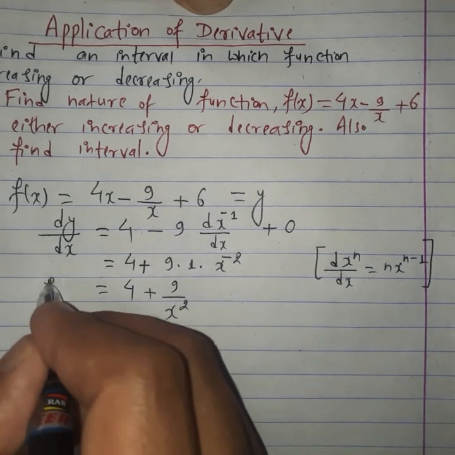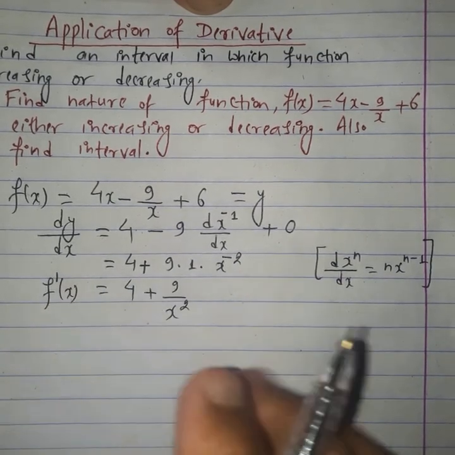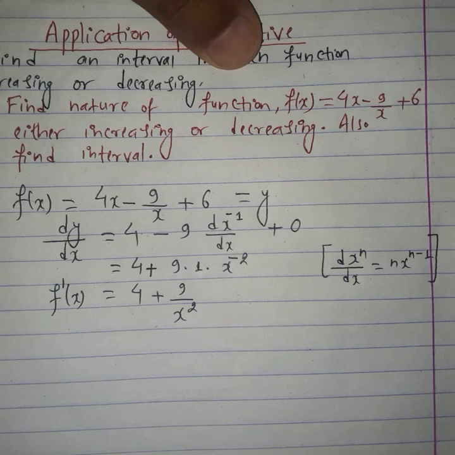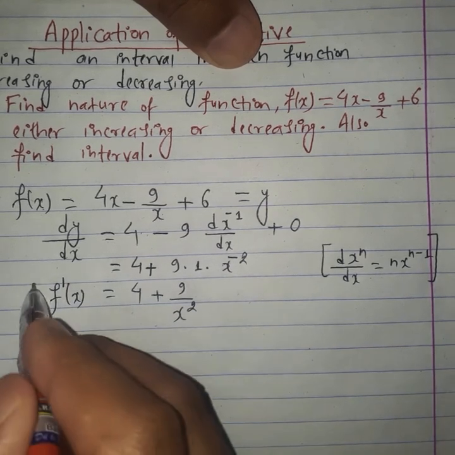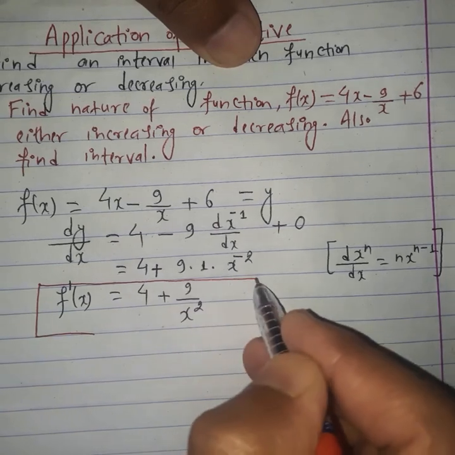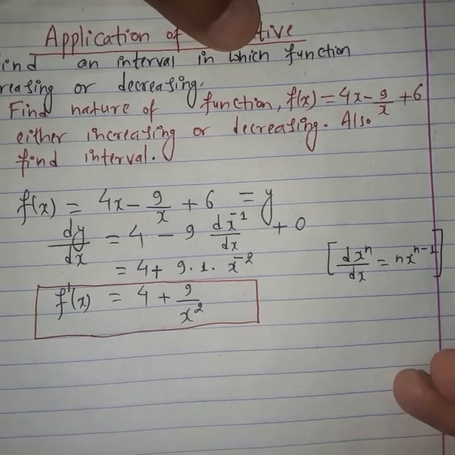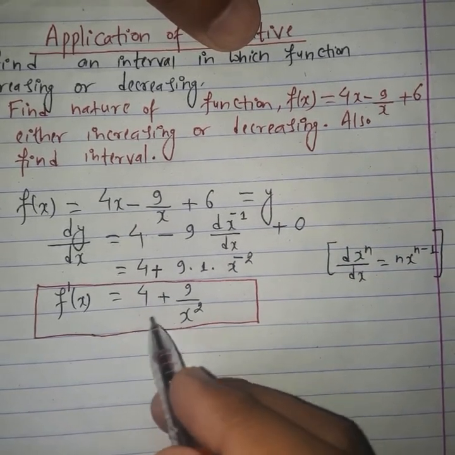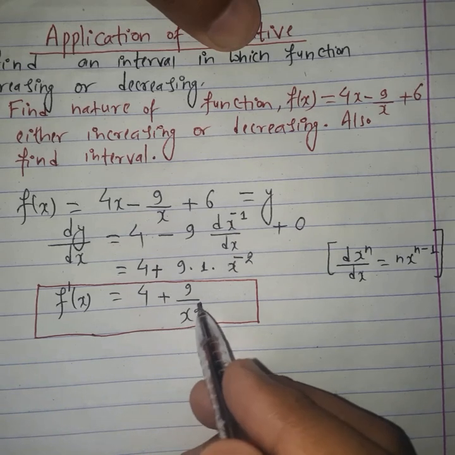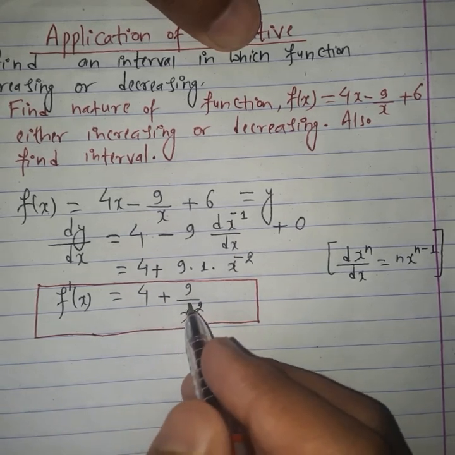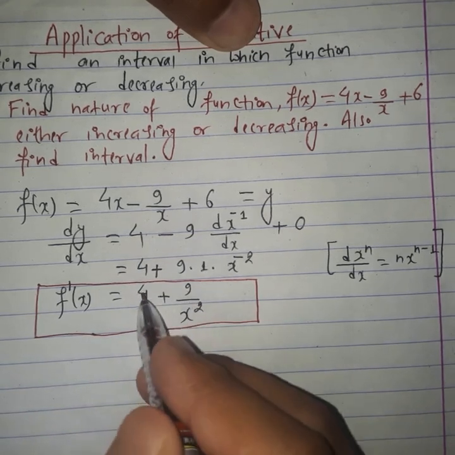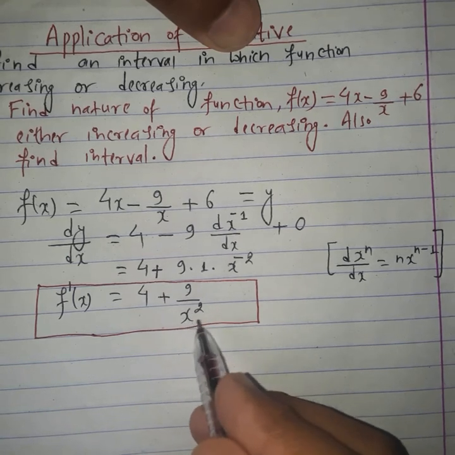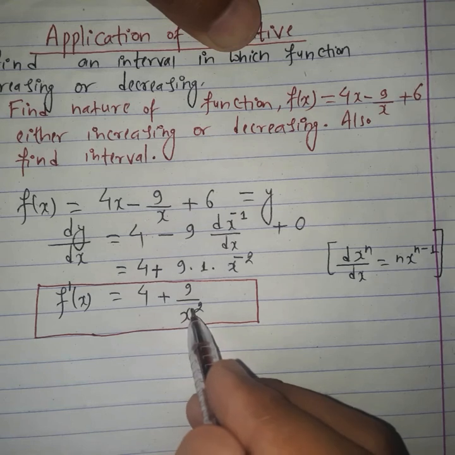Here we've calculated the f prime of x. This is the first derivative of the function f of x, obtained as 4 plus 9 over x square. This is the first derivative of the given function. From this derivative function, we can observe that 4 is a positive number, plus 9 over x square, for all the values of x except 0.